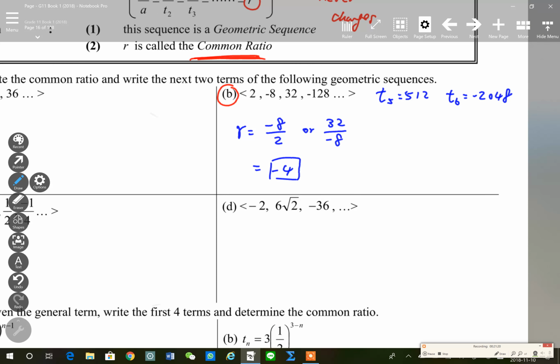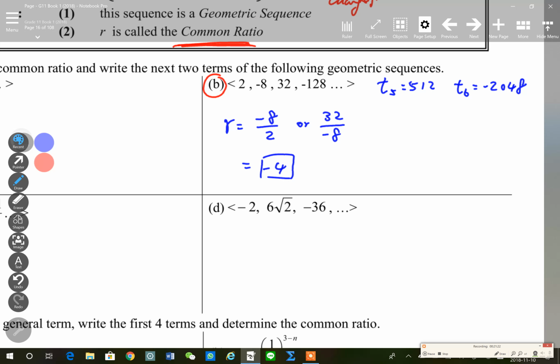Okay, let's try one that has roots. What's the ratio here? Negative.